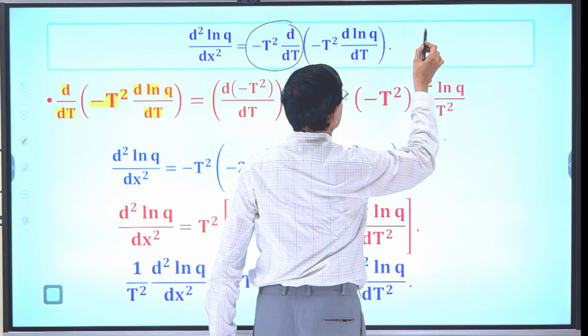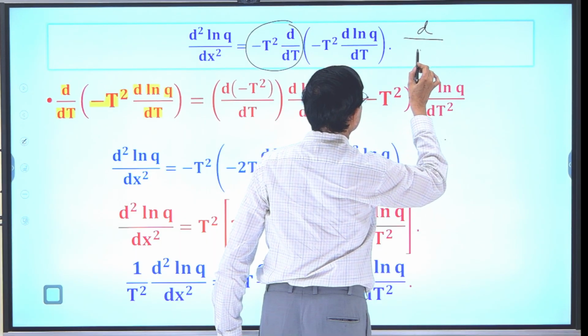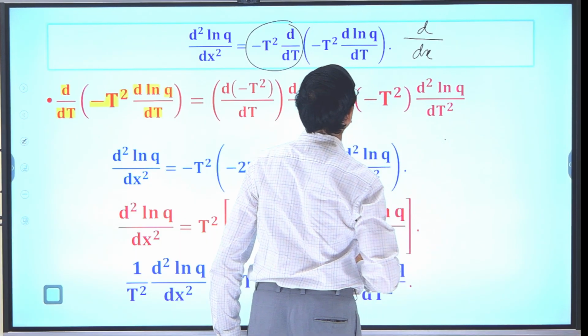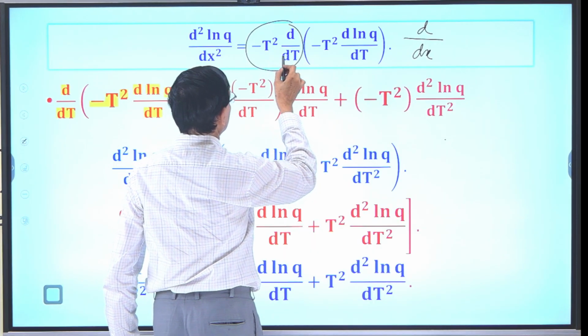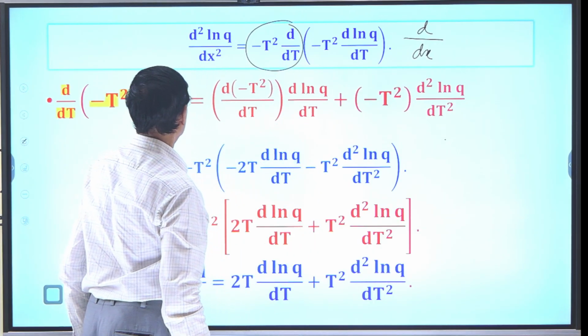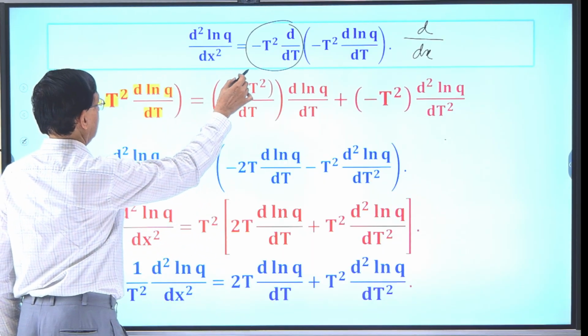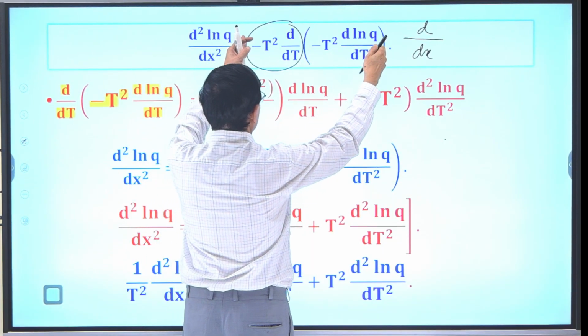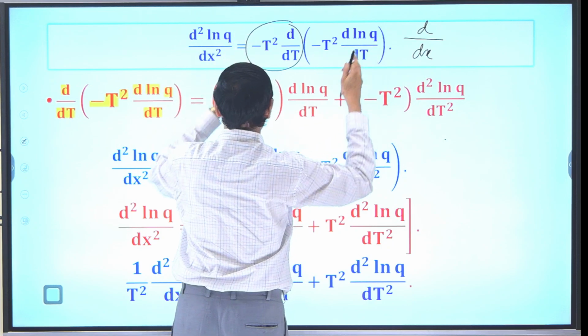It is nothing but d by dx. So what I am doing, I am just doing this part. Forget this part, look at this part.